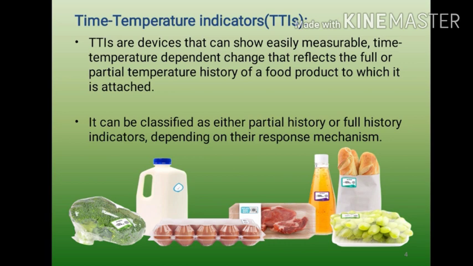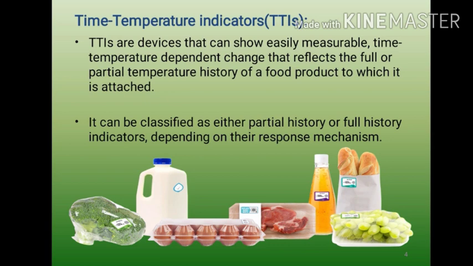Now let's go to the main topic, time temperature indicator. What is meant by time temperature indicator? By time temperature indicators, we mean a device that can show an easily measurable time temperature dependent change that reflects the full or partial temperature history of a food product to which it is attached.